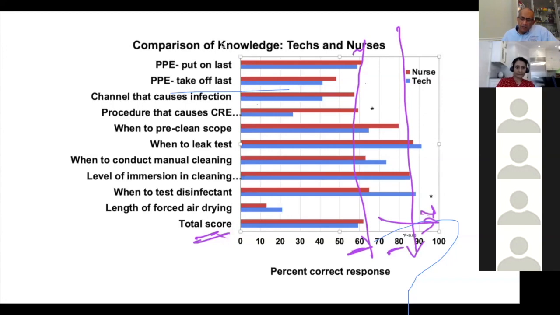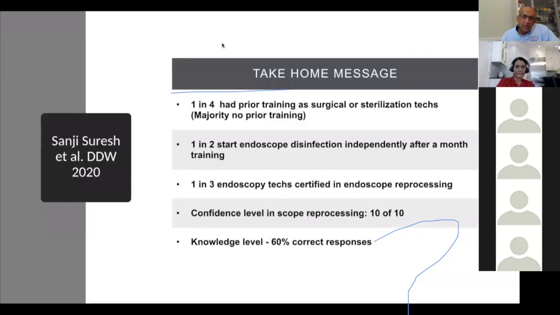We also looked at it and said to ourselves, what are the take-home messages that Sanjay's work has offered us? It's very interesting. The majority of people had no prior training. Only 1 in 4 had prior training as a surgical or sterilization tech before they became an endoscopy tech.